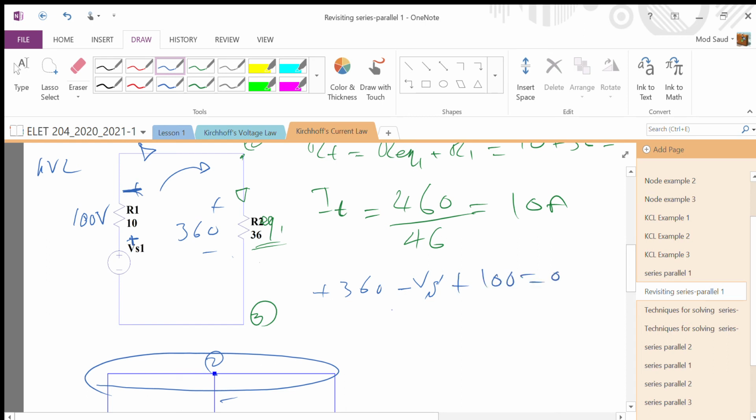Vs is 460, so 360 minus 460 plus 100 equals 0, which is correct. So Kirchhoff's law applied at this circuit confirms 360.